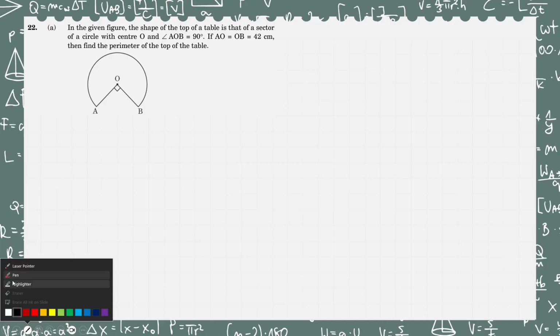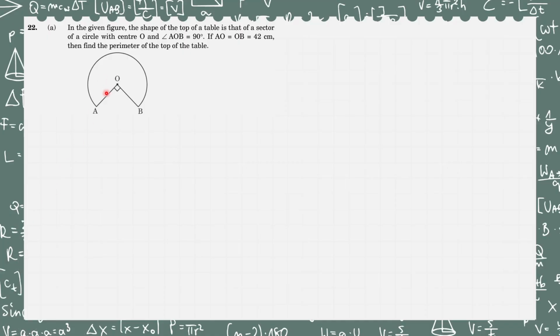So what do you mean by perimeter? Perimeter means starting from a point and going all the way, tracing the curve fully, completely, and coming back again to the same starting point. If I start here, it will be like tracing this full curve and then coming back to the same starting point O, right?